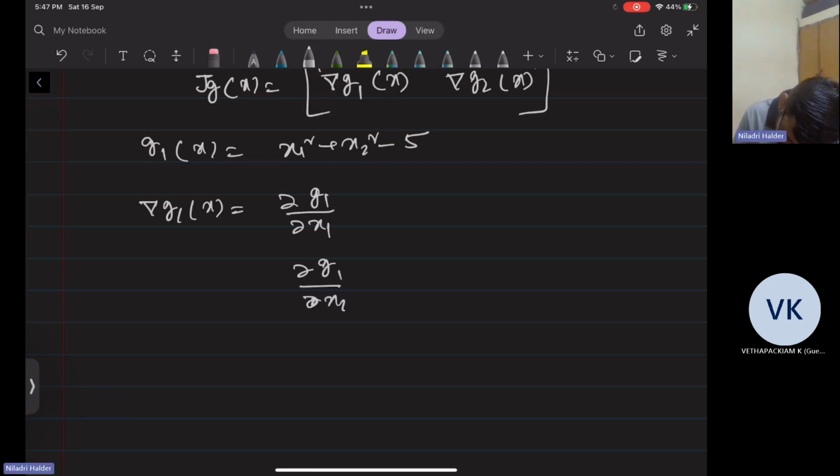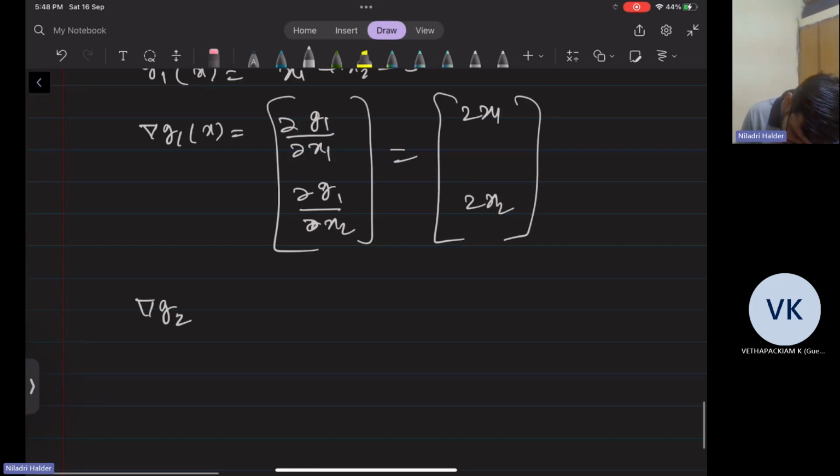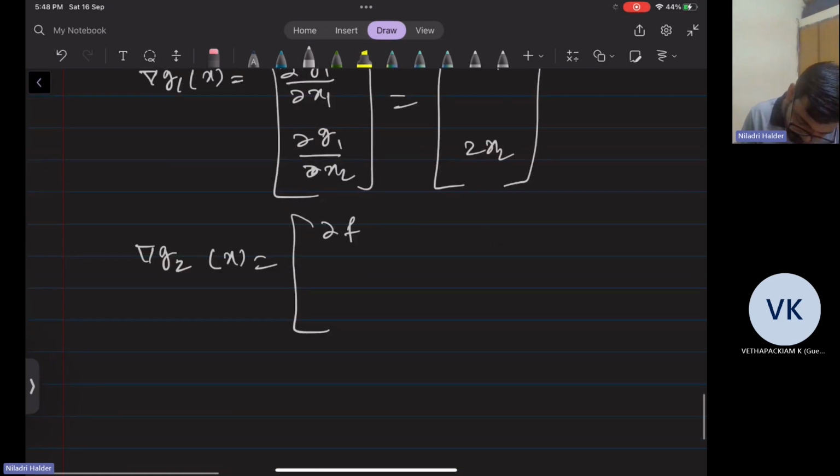And similarly here also, del g1 del x1, del g1 del x2, that is equal to 2x1, 2x2, and the gradient of g2(x) is del g2 del x1, del g2 del x2.